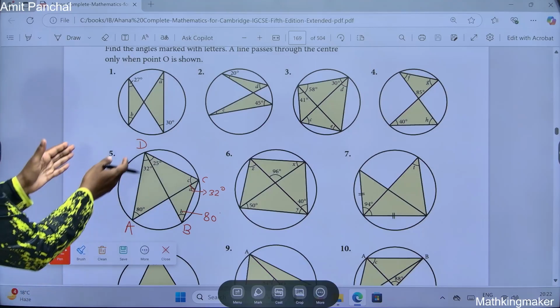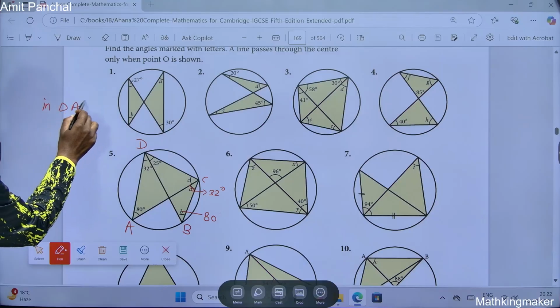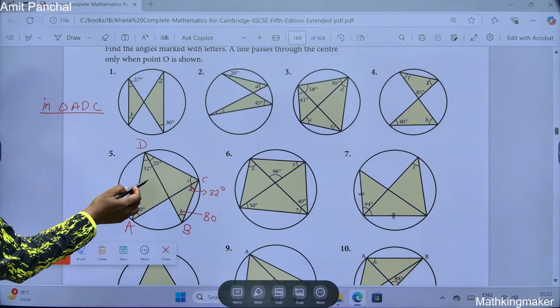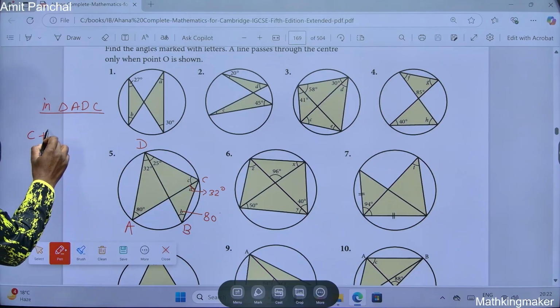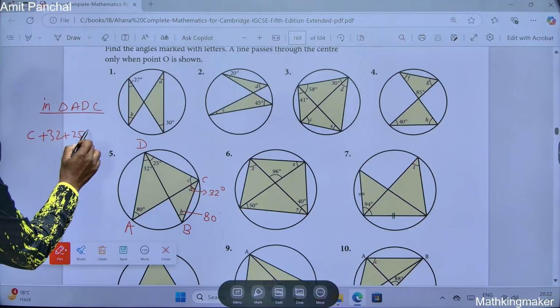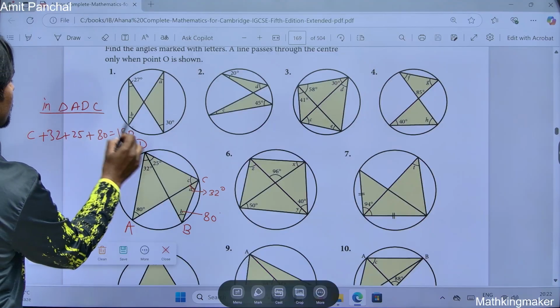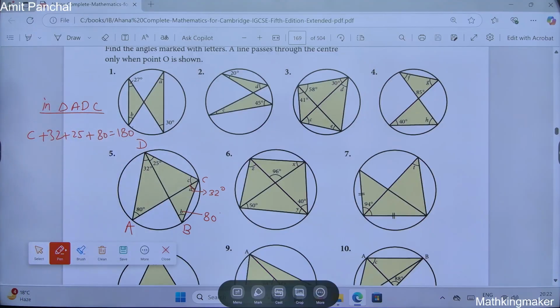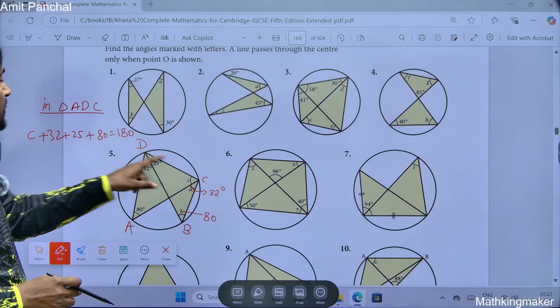And just think about the ADC triangle. In the ADC triangle, C plus 32 plus 25 and this one 80, combined it will be 180, because the angle sum of a triangle is 180. Sorry, we are talking about the ADC triangle.